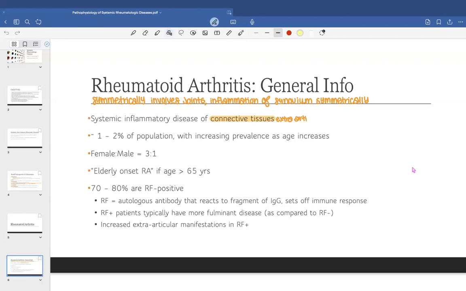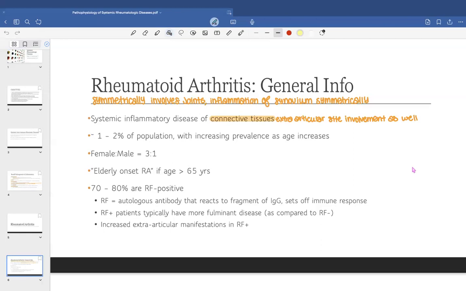70 to 80% of your patients, some might estimate it a little bit higher, will be what we call rheumatoid factor positive. So go back to your labs, where we talk about some of the labs with these rheumatologic conditions.